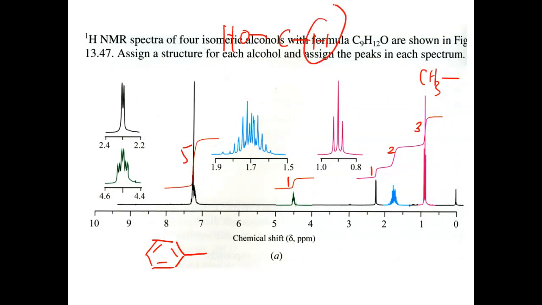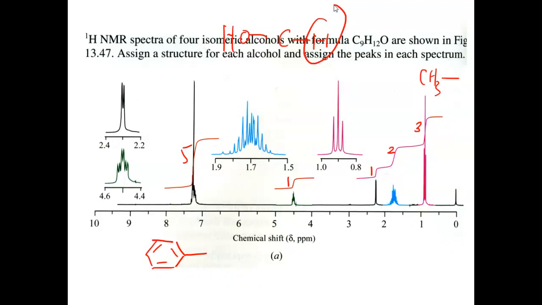This proton, due to the deshielding effect of the OH group's electron withdrawal, has a chemical shift usually pretty high, somewhere between 3 and 5. Usually 3 point something, but depending on the rest of the structure, it could be close to 5. So that proton, between 3 and 5, only one signal, right?